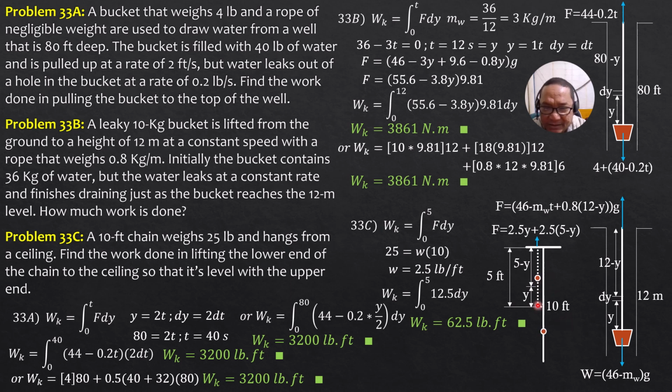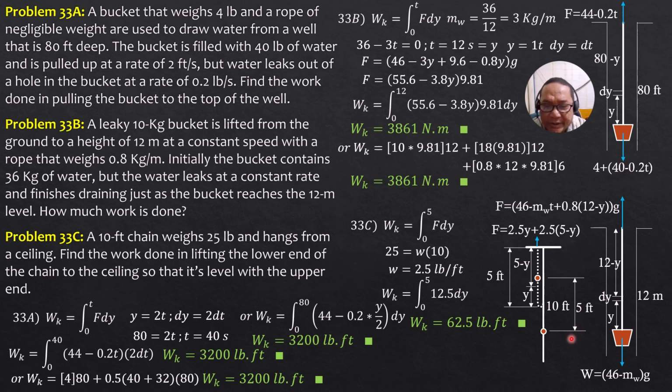So the distance between the centers of gravity of the lower chain and this upper 5-foot chain would be 5 feet. The weight of this part is equal to 2.5 times 5 feet. Then the distance is 5 feet also.